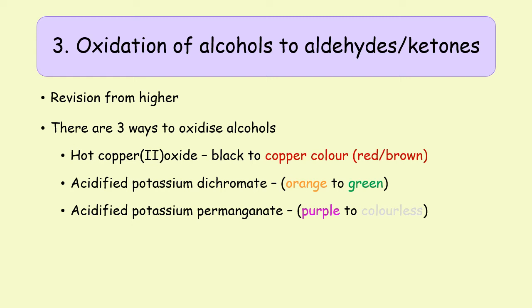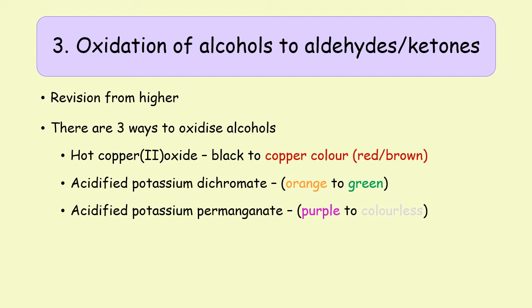So the three ways to oxidize an alcohol to an aldehyde or ketone are to use hot copper oxide, which goes from black to a copper color, a reddy brown, acidified dichromate, which goes from orange to green, and the third one, which is new to Advanced Higher, is acidified potassium permanganate, which goes from bright purple to colorless.